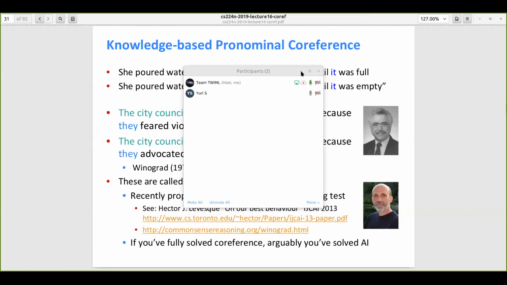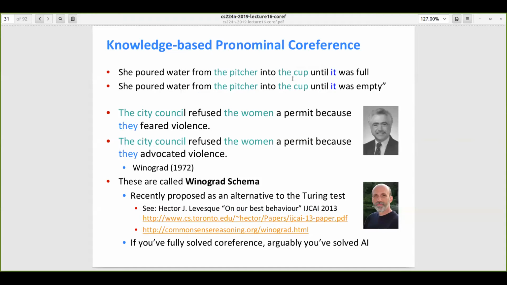Yes. Sure, okay. So I was talking about the Winograd schema. When we have a collection of sentences like this, and we try to test our model or program on this, and if it is able to figure out these kinds of differences correctly, then we can say that we have a system which is pretty good. The Winograd schema is even proposed as an alternative to the Turing test.